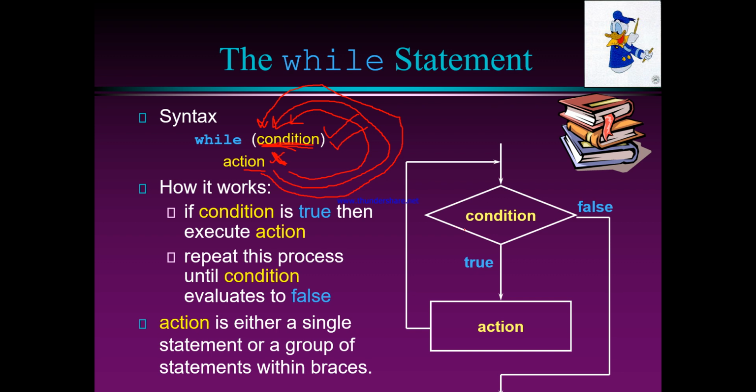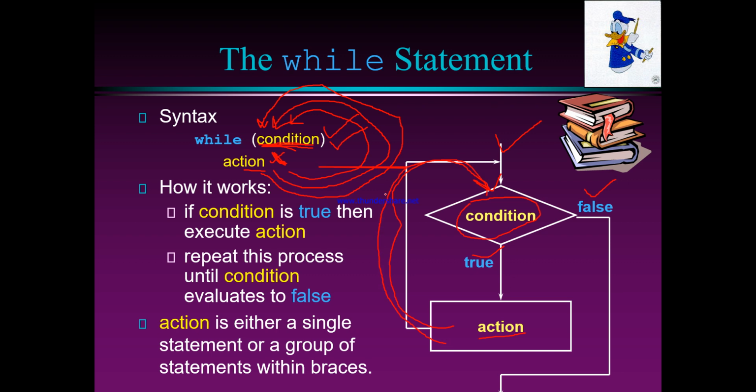You can see here in the flowchart that while has a conditional statement which may result in false or true. If the condition becomes true, the action will be performed and the execution will come back to the condition and it will be checked. If it is true, the action will perform and the execution will come again to the condition.